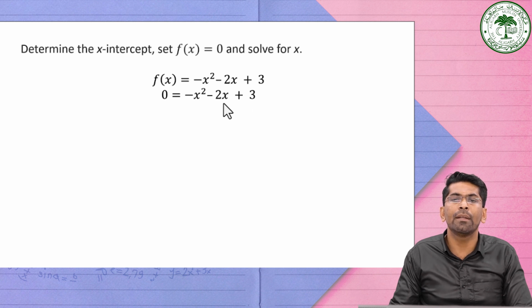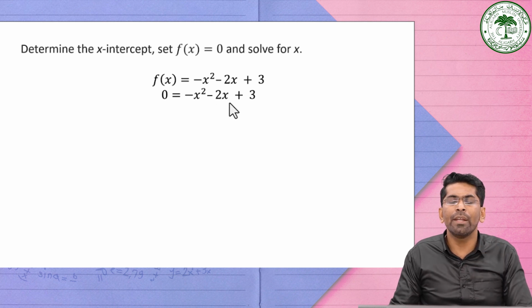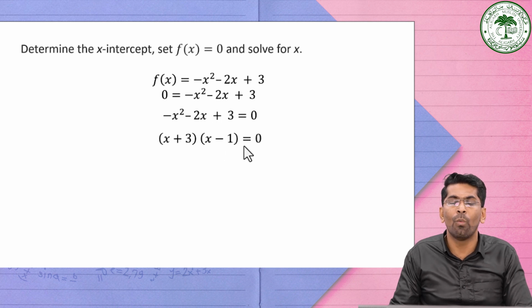We find the roots of this quadratic equation. For example, using the factoring method, the product should be 3 and the sum should be minus 2. The factors are x plus 3 and x minus 1, which is equal to 0. Solving for x, we get x equal to minus 3 and x equal to 1.